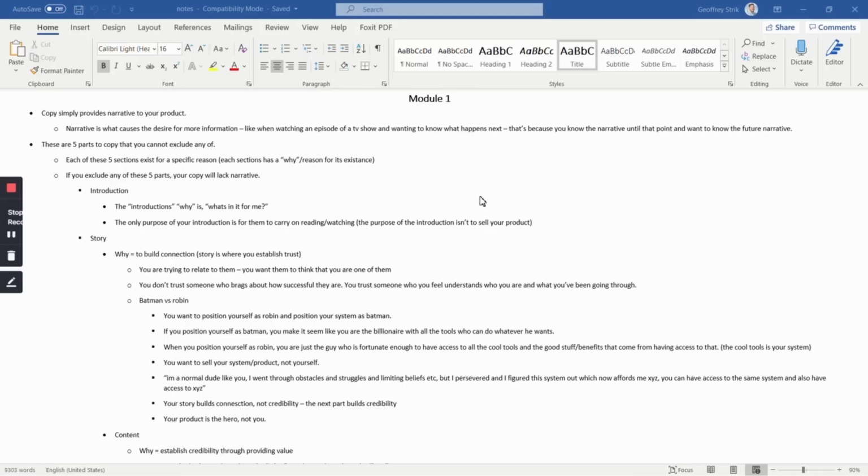The introduction's why is what's in it for me. Another way of phrasing that is, what is the reason that there is an introduction in copy? And that's simply to help your prospect answer the question of what's in it for me, right?